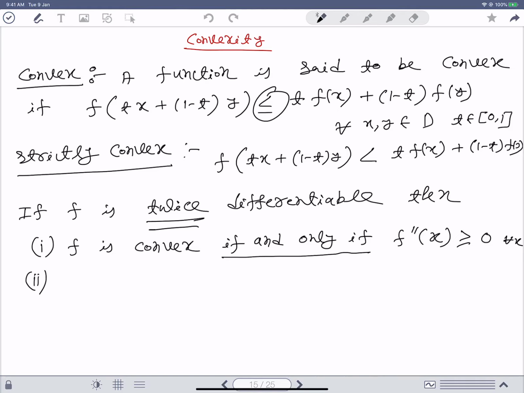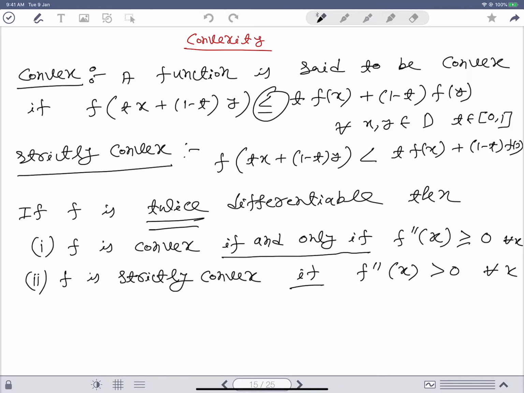Now the second statement is: f is strictly convex if f double dash x is strictly bigger than 0 for all x.